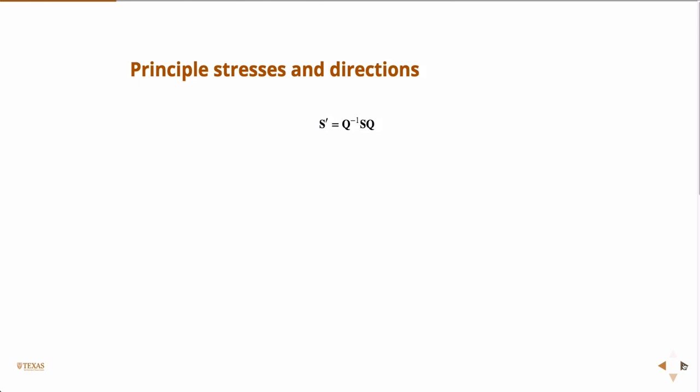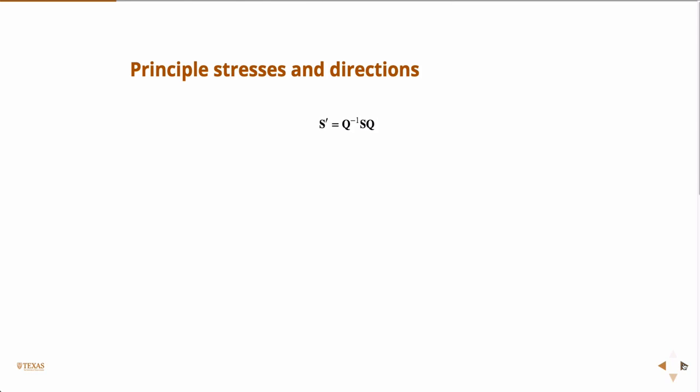A diagonal matrix is all zeros with entries along the diagonal, right? We're going to call that S prime. The particular matrix that does that is the matrix of eigenvectors. And the entries along the diagonal of S prime are the eigenvalues. I introduced the eigenvalue problem earlier, but said we'd come back to it when we talk about stress.